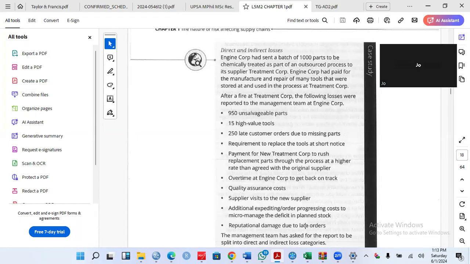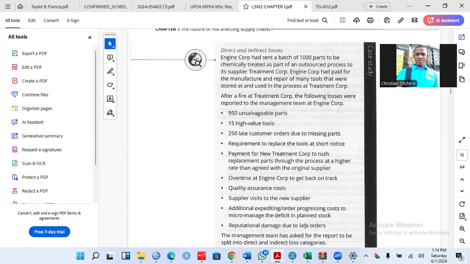That's also direct, sir. Yes, that's also direct. 250 late customer orders due to missing parts. That's indirect. So it is due to the parts that were lost to the fire.